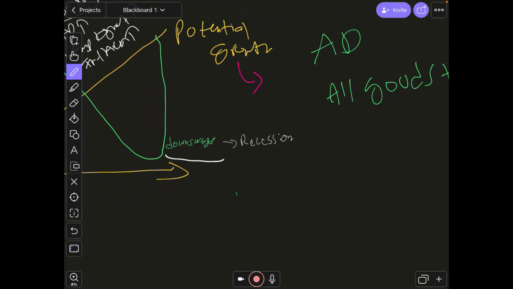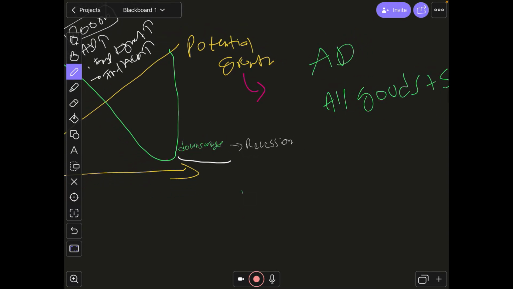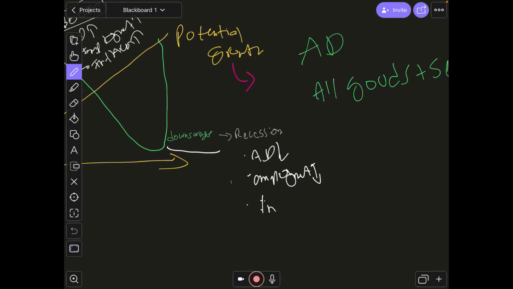In a recession, aggregate demand is low, employment is low, and so unemployment is high, and inflation due to demand pull may also be low. And so this is where the government comes in.